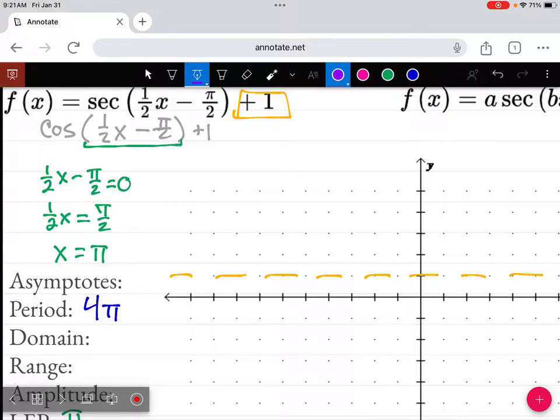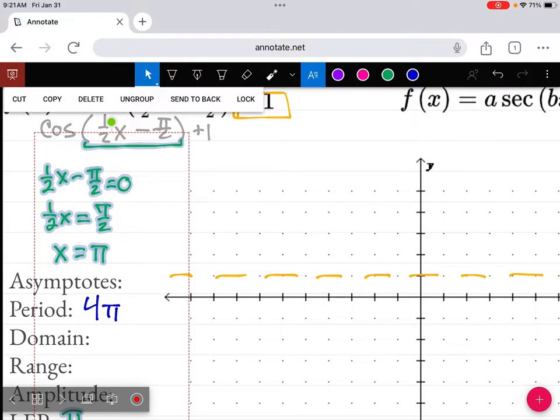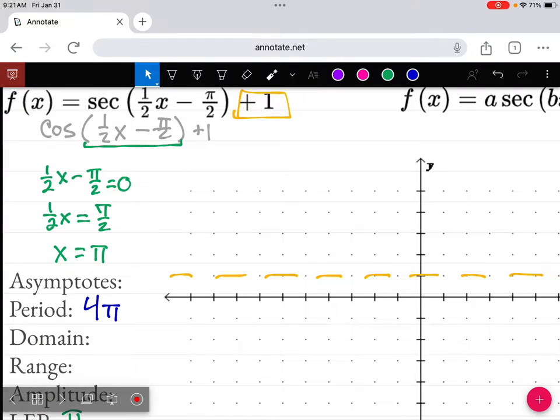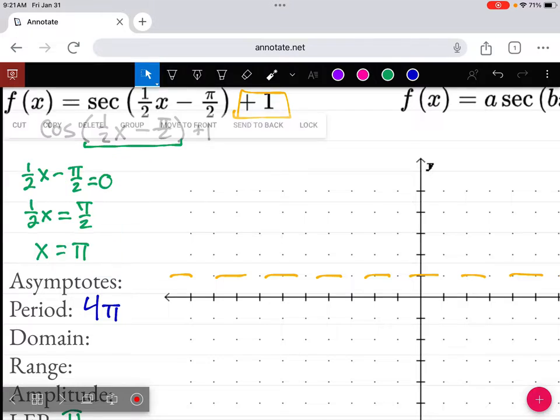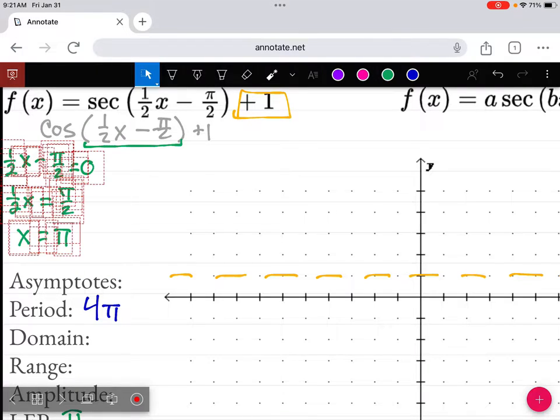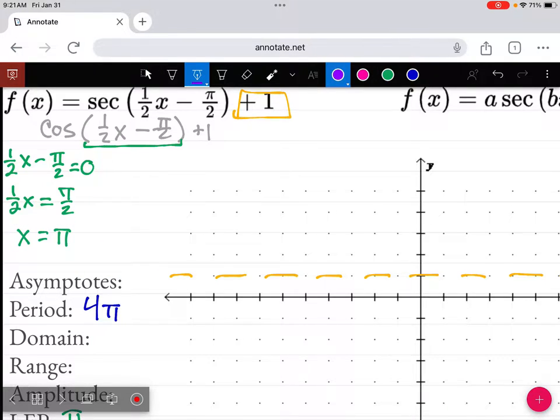Then we find our right endpoint the very same way, except we need to make it equal to 2 pi. So we're going to take our 1/2 x minus pi over 2, and I want to know when that equals 2 pi.